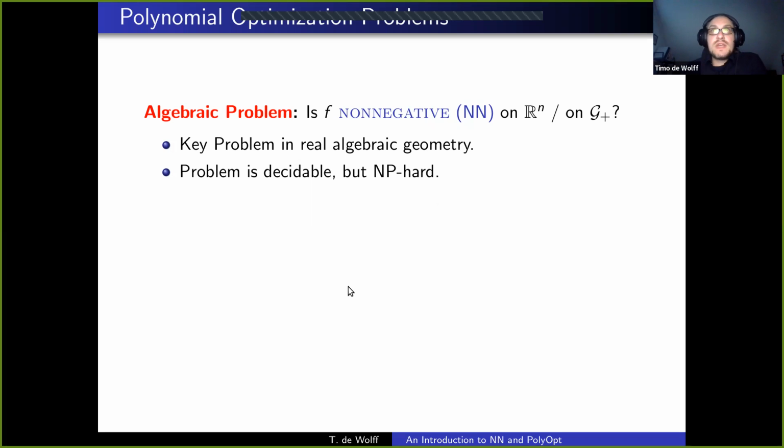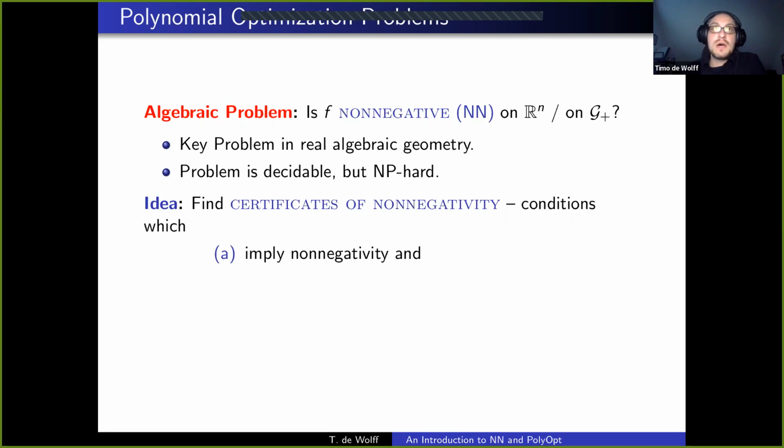The idea is now to say, well, we cannot hope that we will find just one good general approach that will solve all of these problems. Instead, the idea is to find something that's called a certificate of non-negativity. What is this?